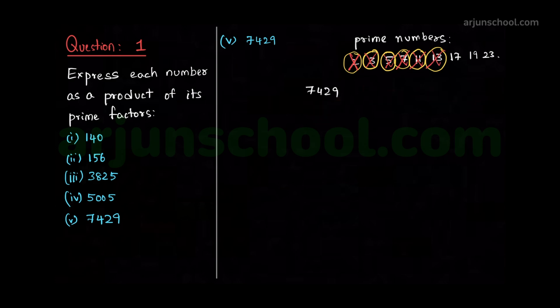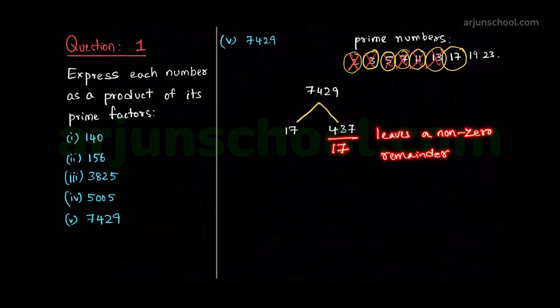Let us move to the next prime number 17. When we divide 7429 by 17, we get 437 with no remainder left. Therefore 17 is a prime factor. Now we have 437. Try dividing 437 by 17. It leaves a non-zero remainder. Therefore 17 is not a prime factor for 437.